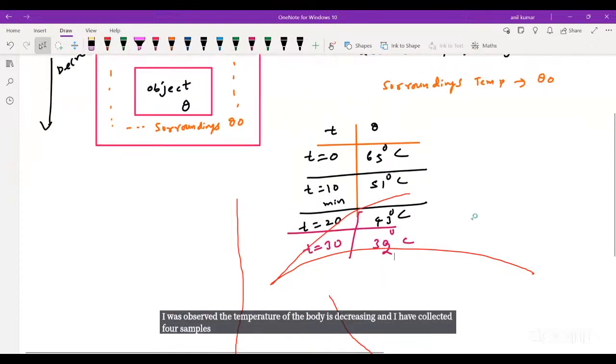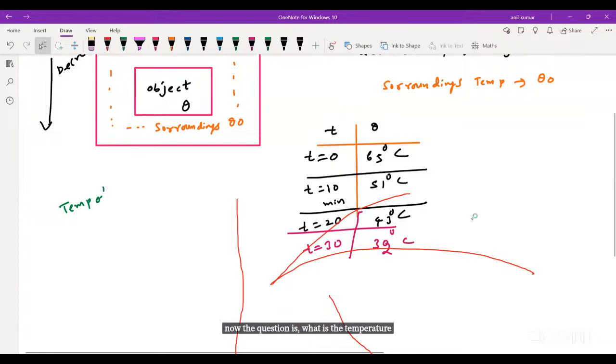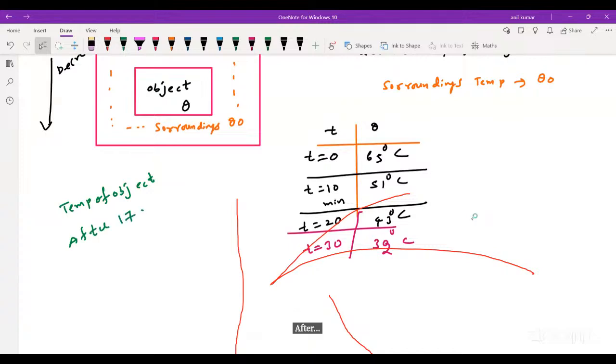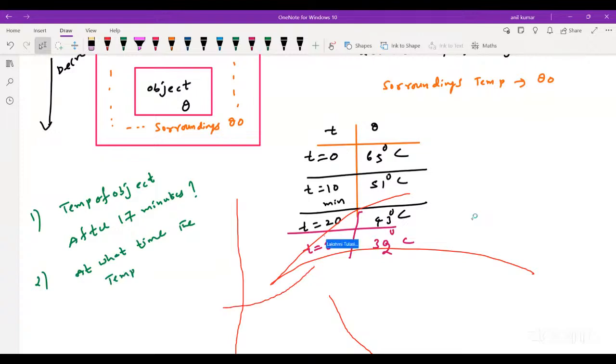Now the question is, what is the temperature of the object after 17 minutes? If you see the table, 17 minutes is not available. Or one more question, at what time does the temperature reach 46 degrees?